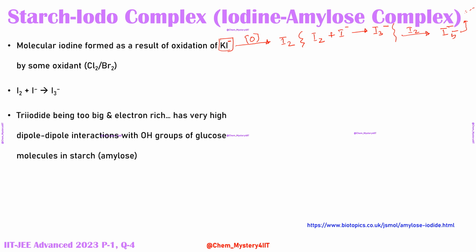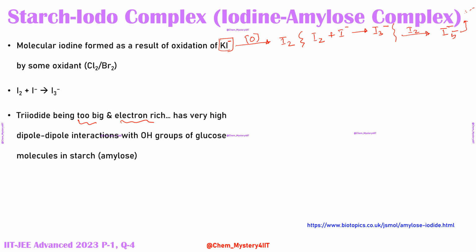And now coming to the point, triiodide, which is the I3 minus ion, is going to be very, very big. And also this is going to be electron rich. That is fine. But iodine is not able to hold its electron density very easily.